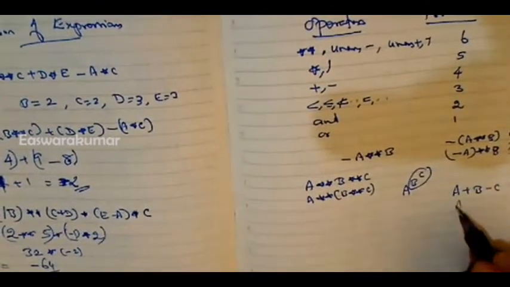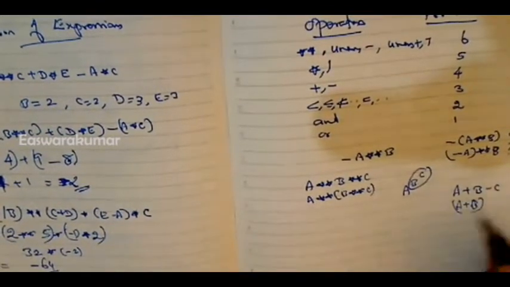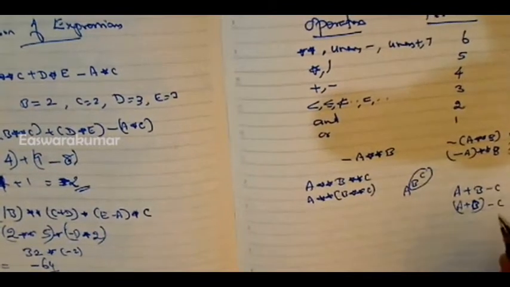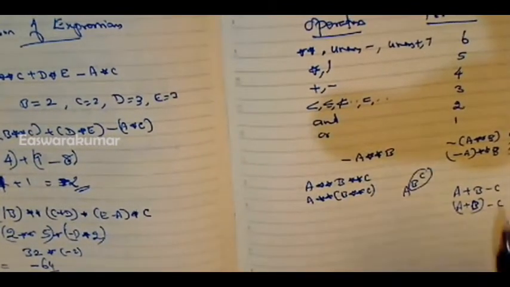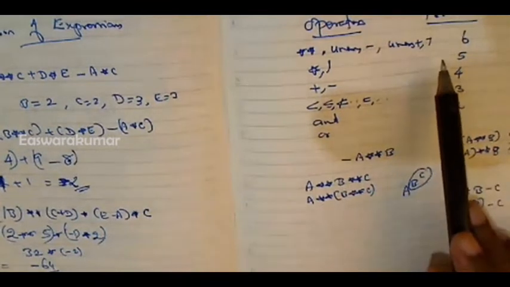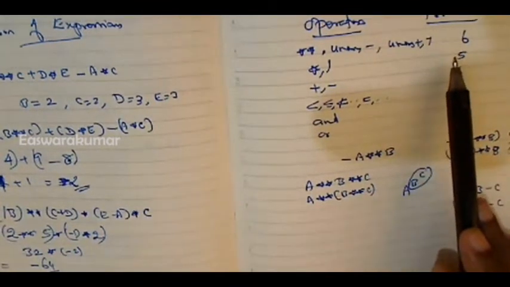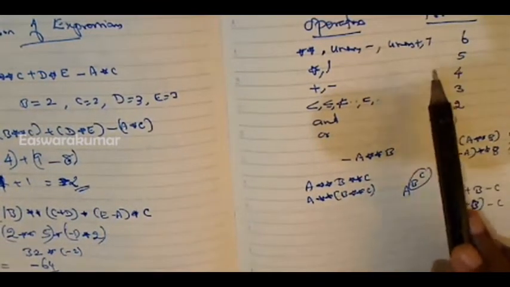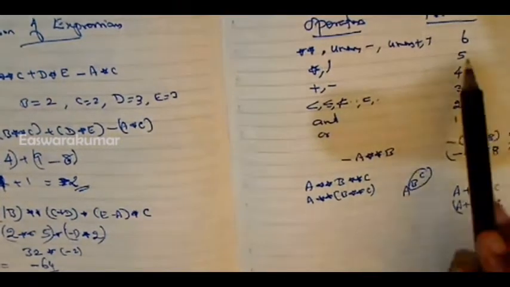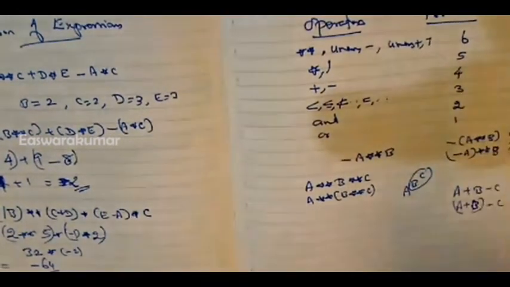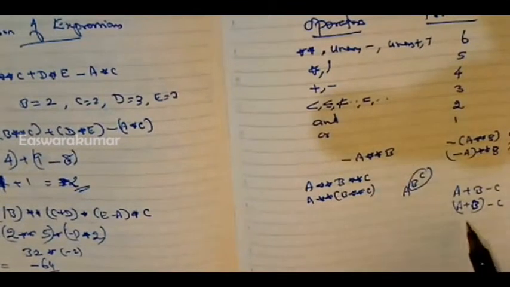So here we first take A plus B, then minus C. So our rule is like this: the operators with priority value 6 will be evaluated from right to left, and all other operators, with priorities 1 to 5, will be evaluated from left to right.